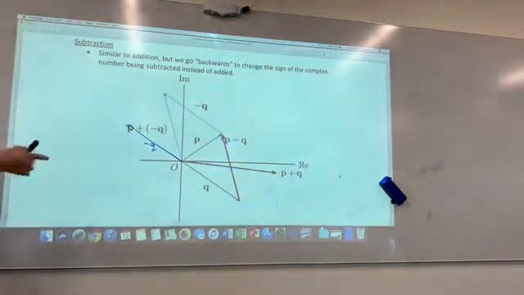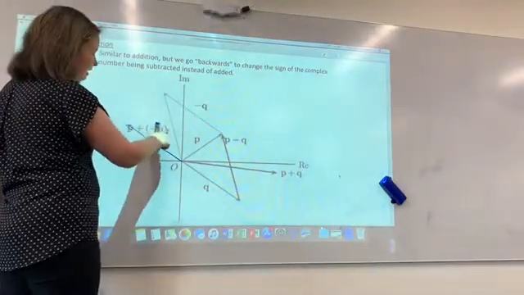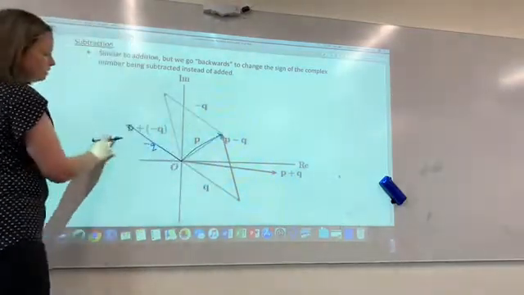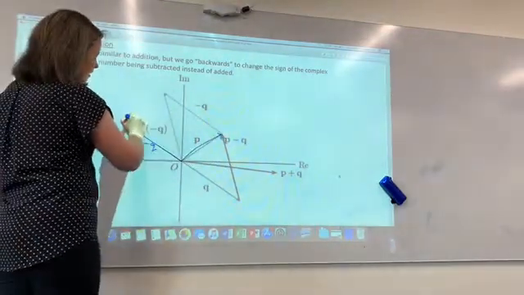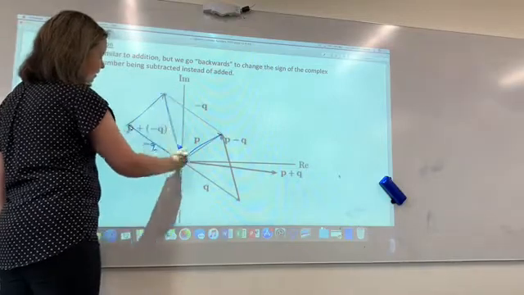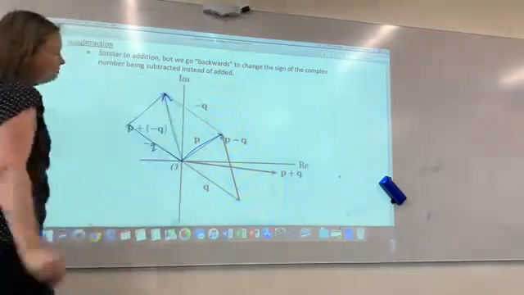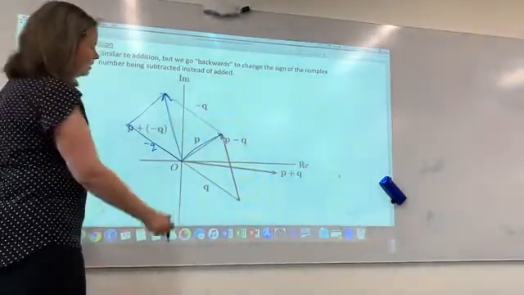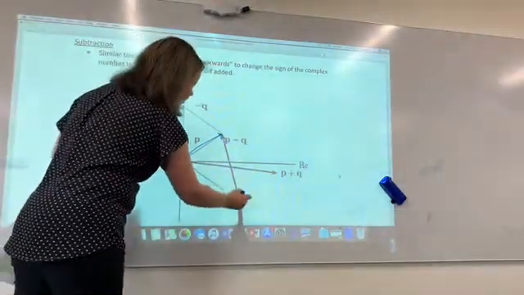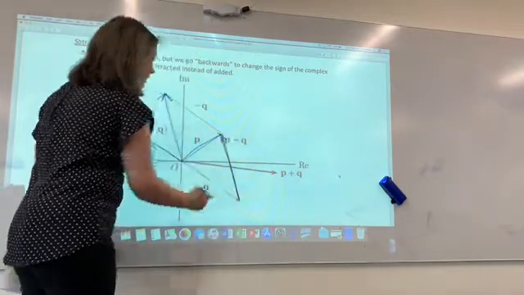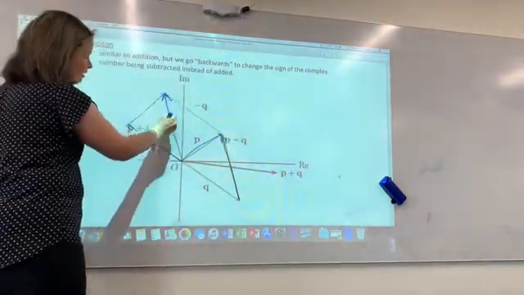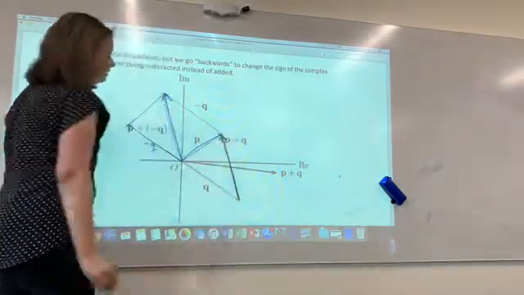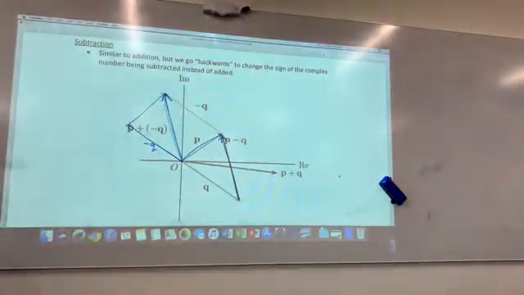So now if I'm doing P plus minus Q, if that's P here and that's minus Q, adding them together, you can see that's creating the diagonal of the parallelogram. So P minus Q is that one in there. It's the same direction and same magnitude, so these two vectors are equal.